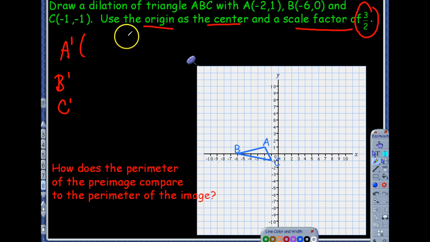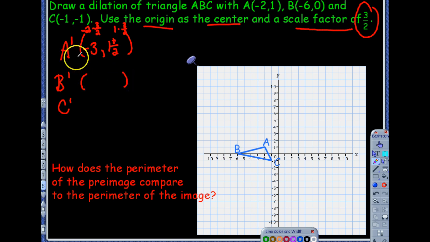So that means to get to A prime, what am I going to have to do? I'm going to have to multiply the coordinates of A by 3/2. Exactly. So I'm going to multiply -2 times 3/2 and 1 times 3/2. So the first one would get you -3, and then 3/2 or 1 1/2, however you want to write it. I'm going to write 1 1/2 because to me it's easier to plot that point. Then what about to get to B prime?